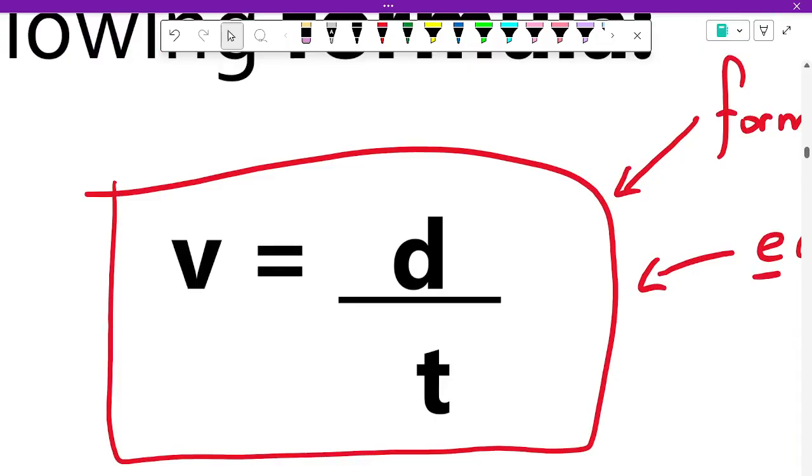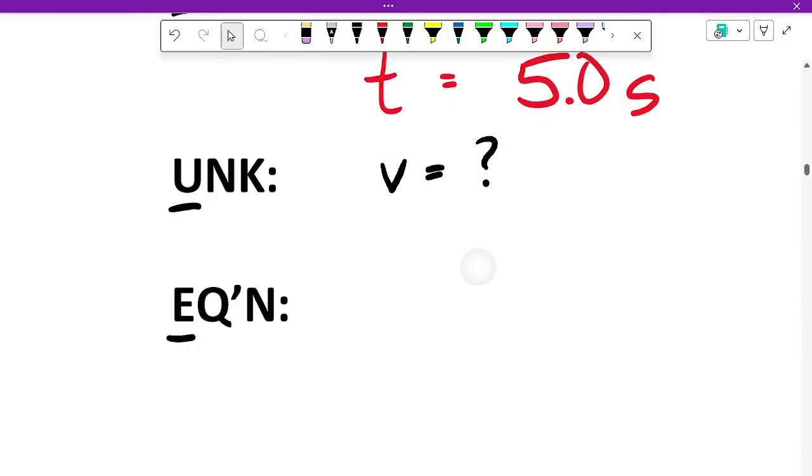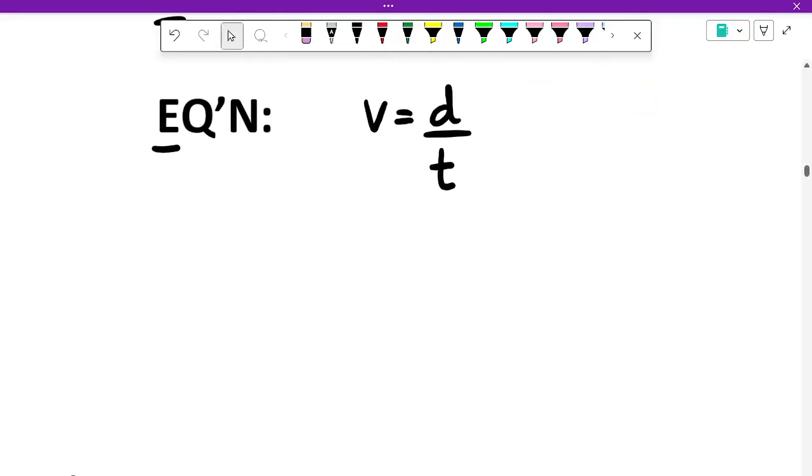V equals D over T. Okay, so velocity equals distance over time. What we don't do, no, I'll tell you later. Okay, so that's our equation.